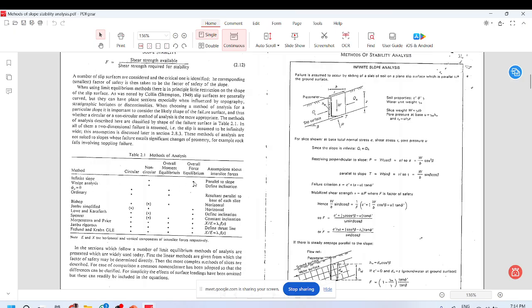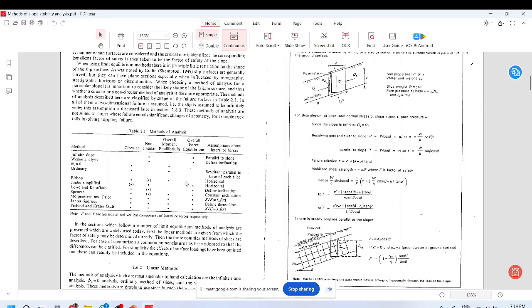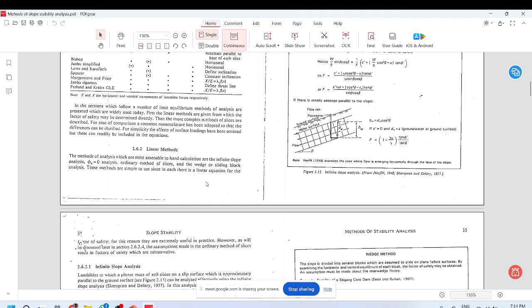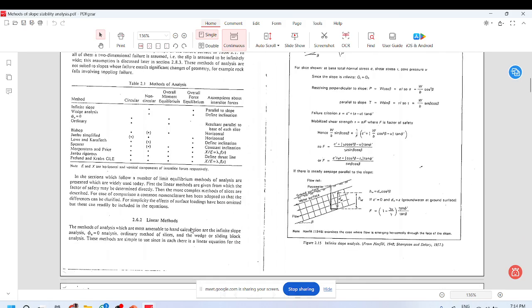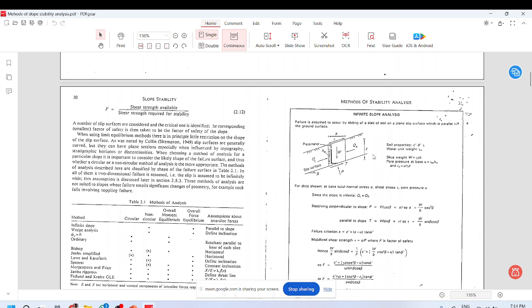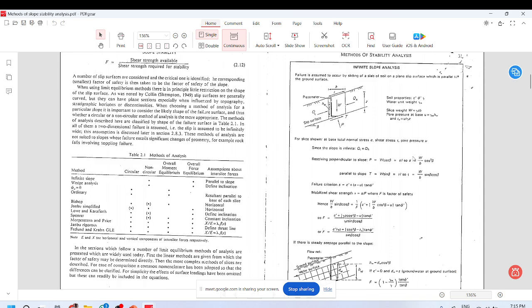So infinite slope method, assumption about interslice forces. Okay, we'll come back to this. This is the linear methods. Linear methods are simply the infinite slope analysis methods that we have been talking about.